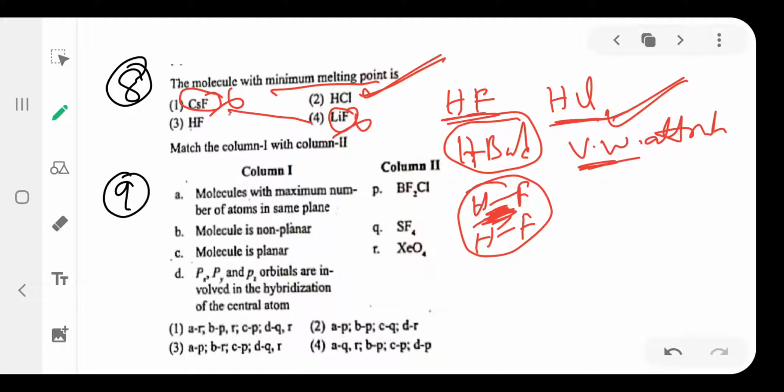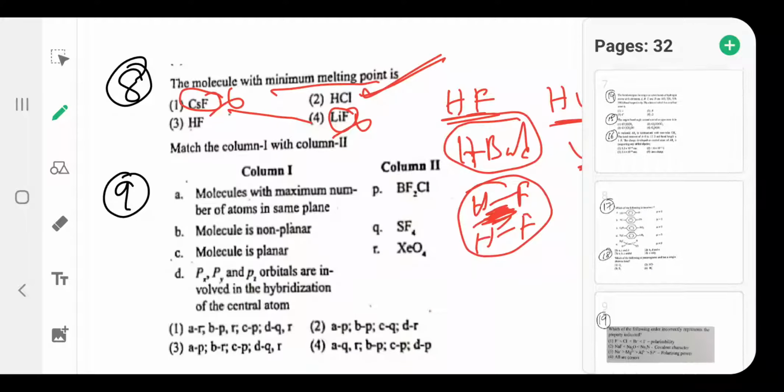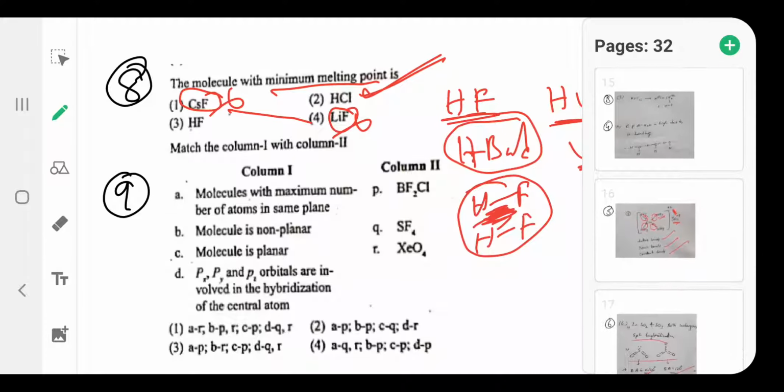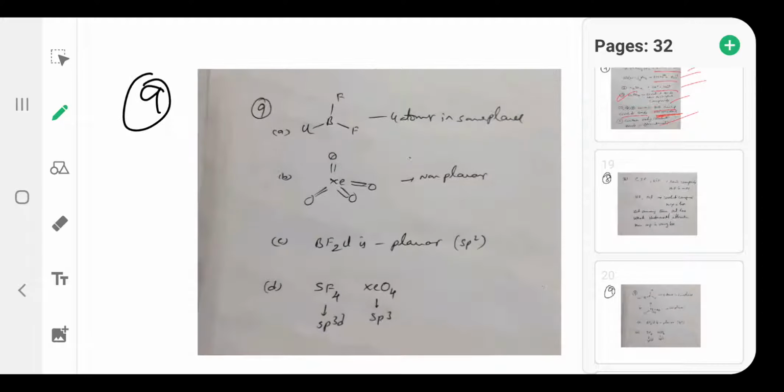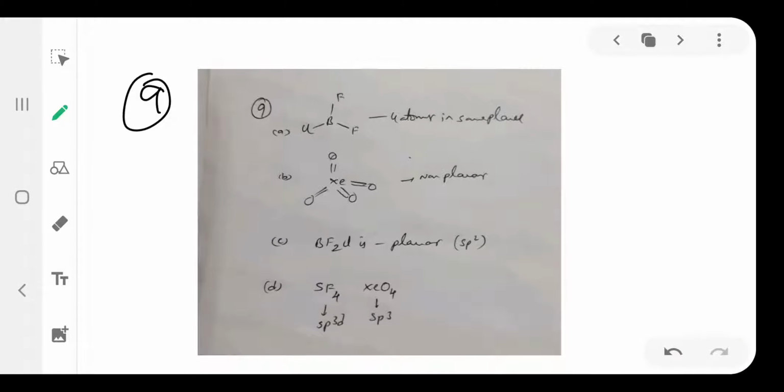Question number 9. The molecule with the maximum number of atoms in the same plane. Match molecules that are non-planar and planar, and those where Px, Py, Pz orbitals are involved. Here BF2Cl, so this is the structure of this one.